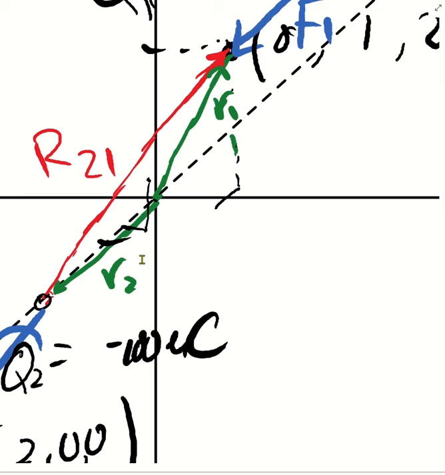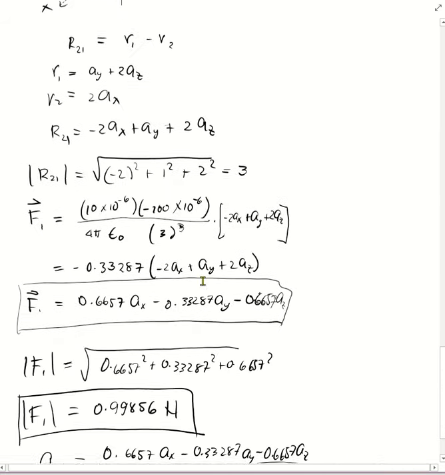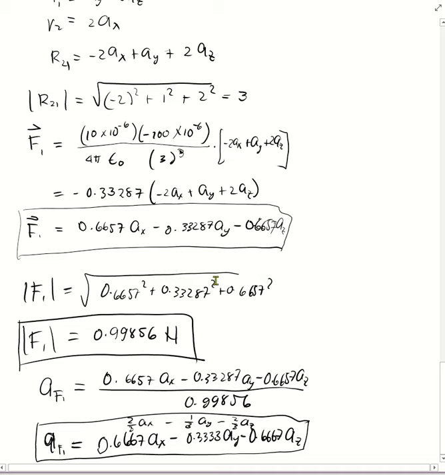Sorry, this should be negative because the y component is negative and the z component is also negative. It's positive 2/3, then negative 1/3, and negative 2/3.